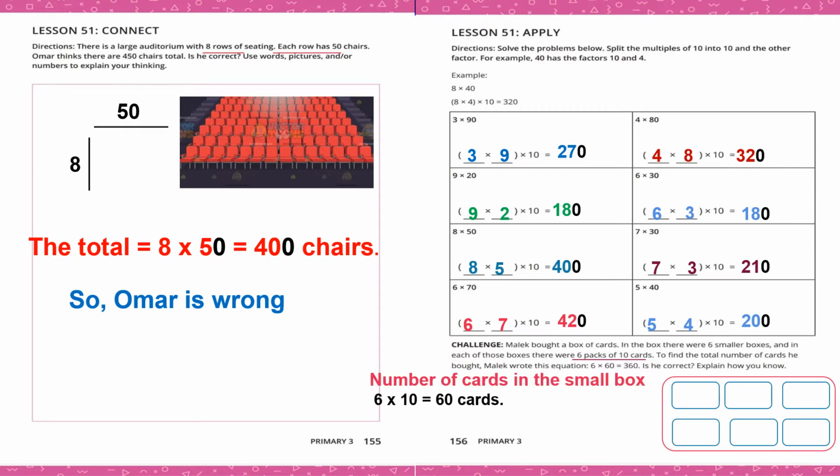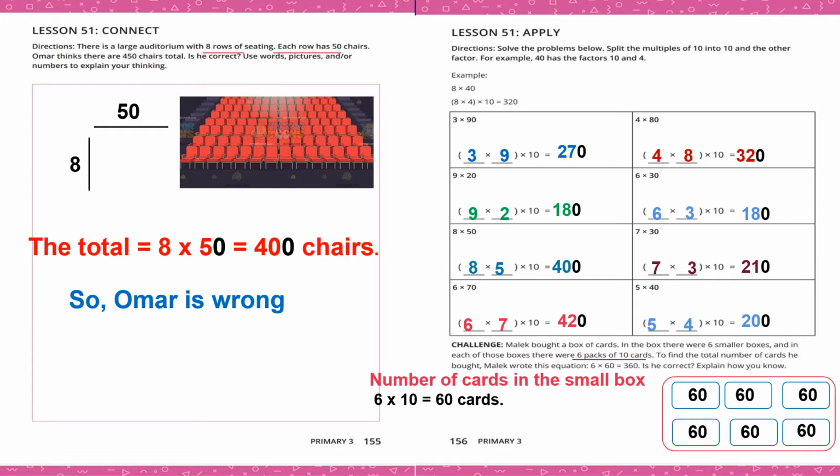So the number of cards in the small box, 6 times 10 equals 60 cards. So each small box here has 60 cards. We wanted to get the total number of cards.